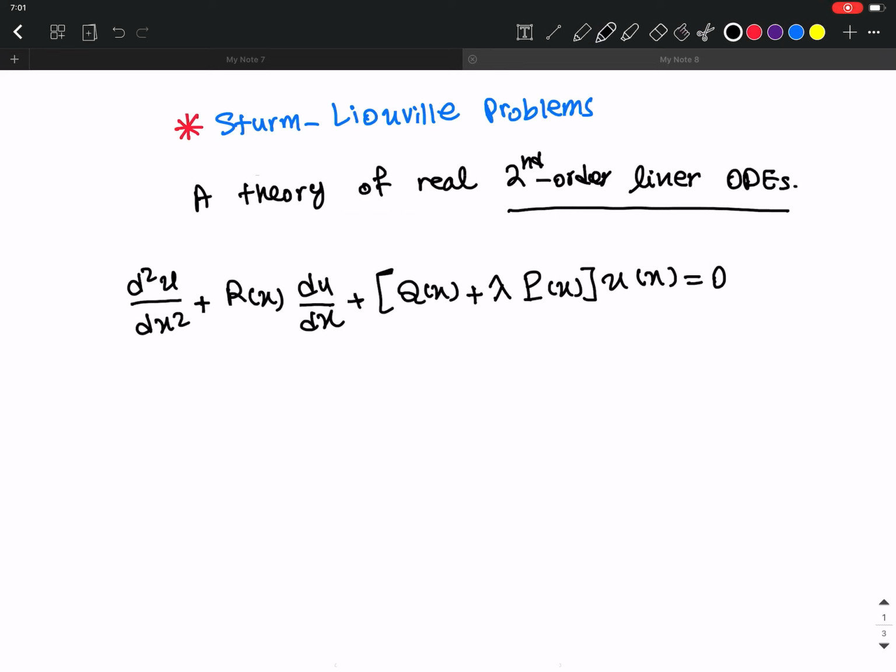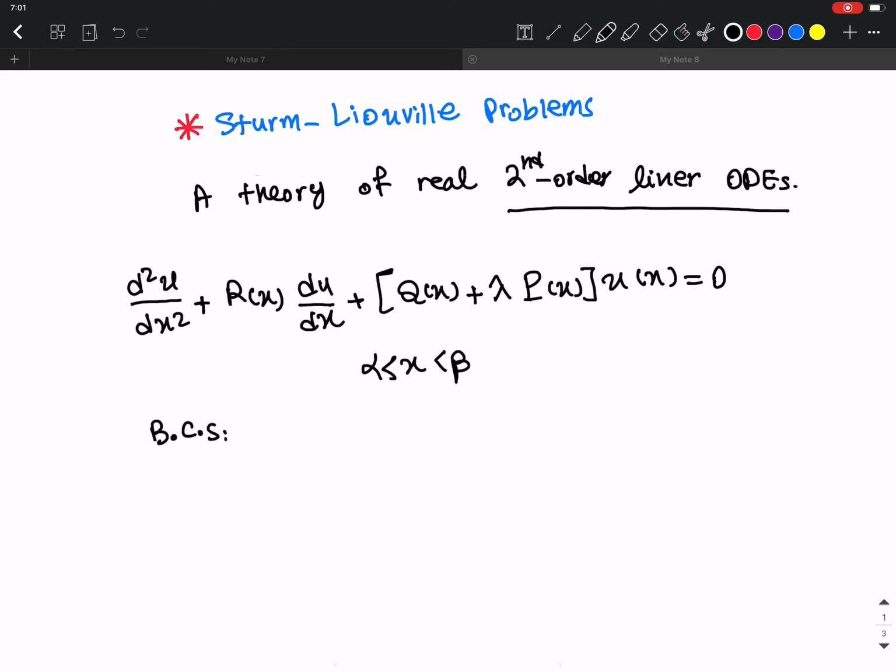So this is a general second order linear ODE, and as you see, u is only a function of x, and this is only a function of one independent variable. So x can be between beta and alpha, and we want to solve this with the following boundary conditions.